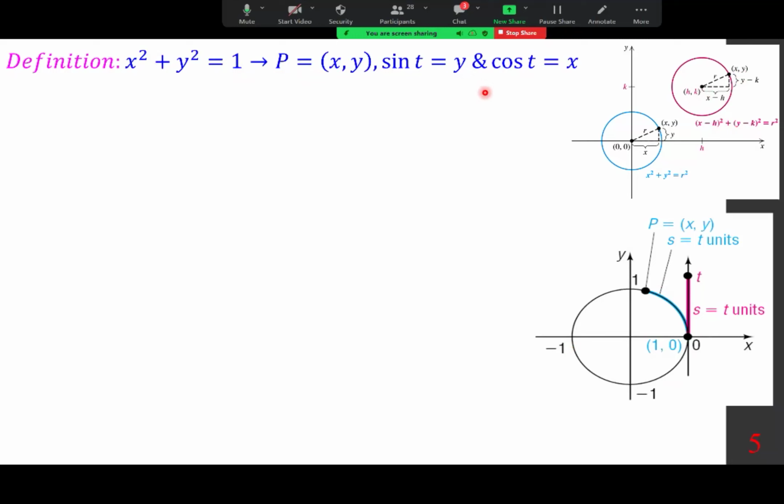Y represents the sine, X represents the cosine. If you look at this, it may make it easy to understand why. This point has coordinates X and Y, and this length is 1 because it's a unit circle.